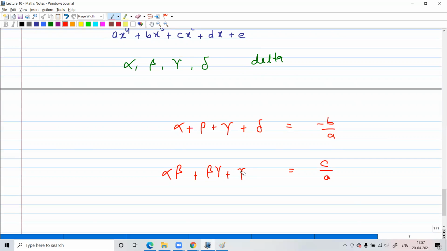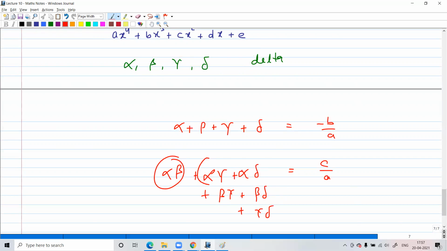Let's take alpha first. Alpha beta, then alpha gamma, and then alpha delta. Then let's take beta gamma plus beta delta, and then plus gamma delta.